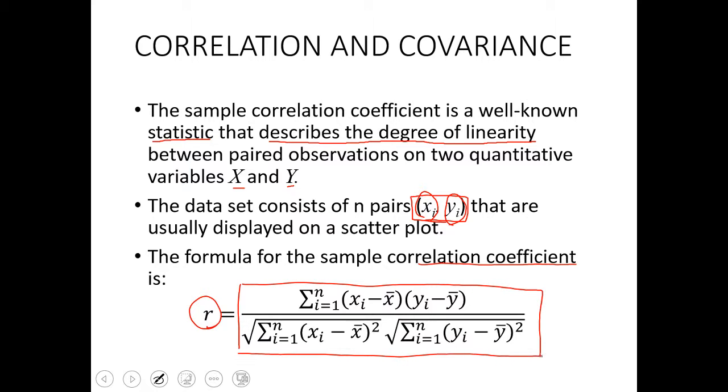That means we need to have the sample mean for x and the sample mean for y. Then the observed x value minus the sample mean, times the observed y value minus the sample mean of y, and we summate this value for i from 1 to n. That is the numerator.